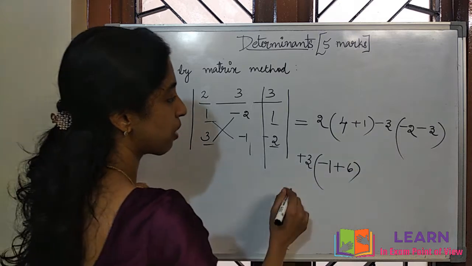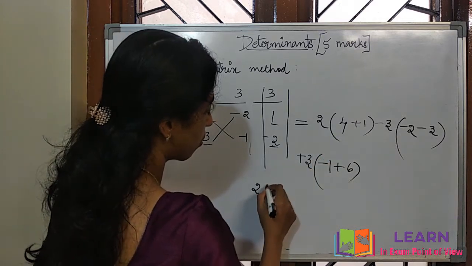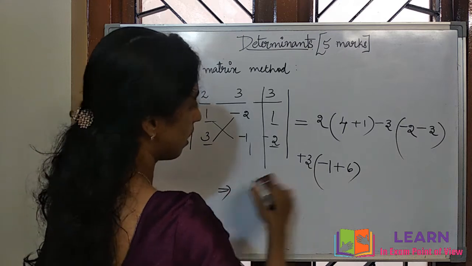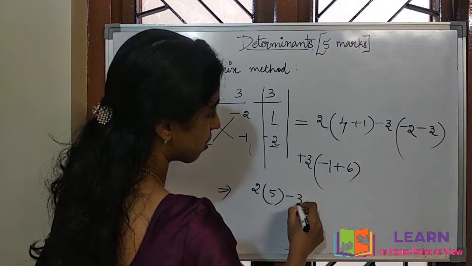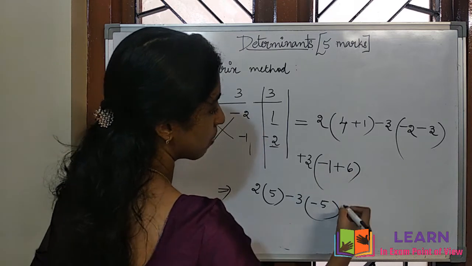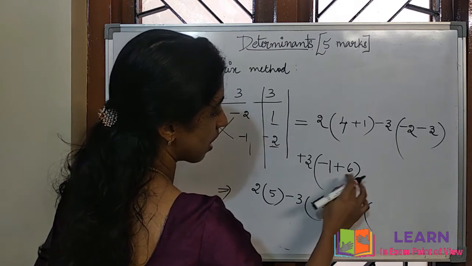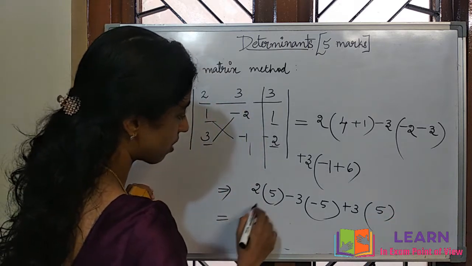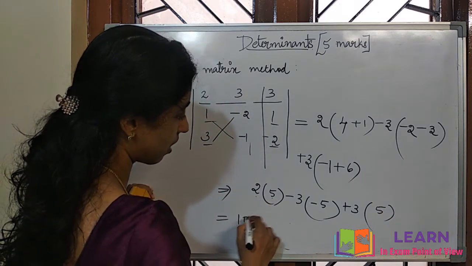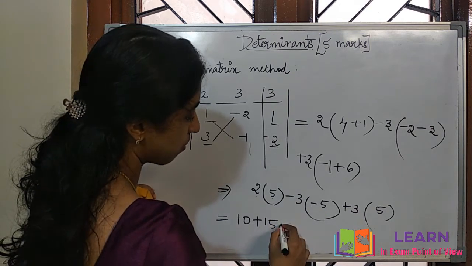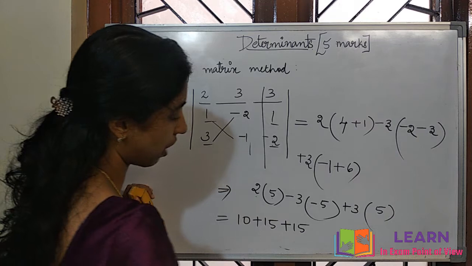Simplifying, here we have 2 into 4 plus 1, it's 5. Then here minus 3 into minus 5. Here plus 3, and inside we have 6 minus 1, it's again 5. So 2 into 5 is 10, plus 15, and here again plus 15.